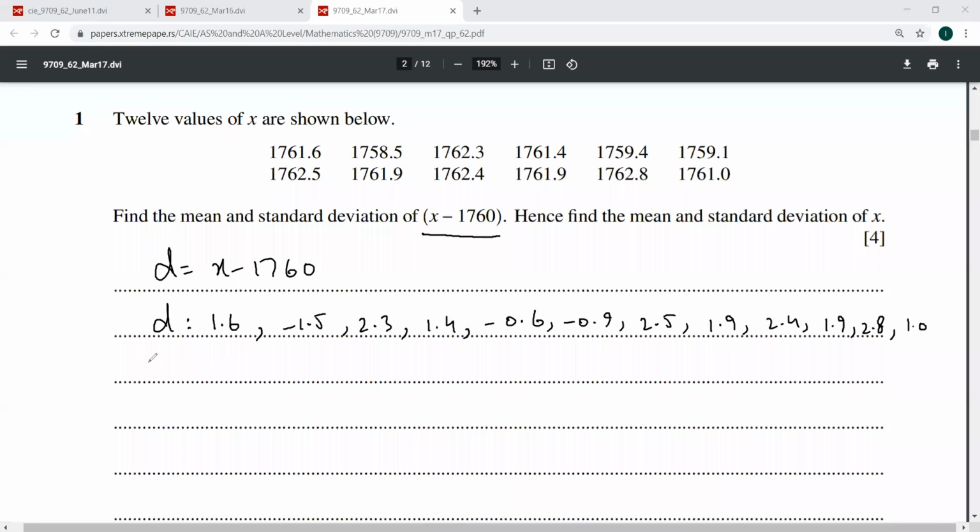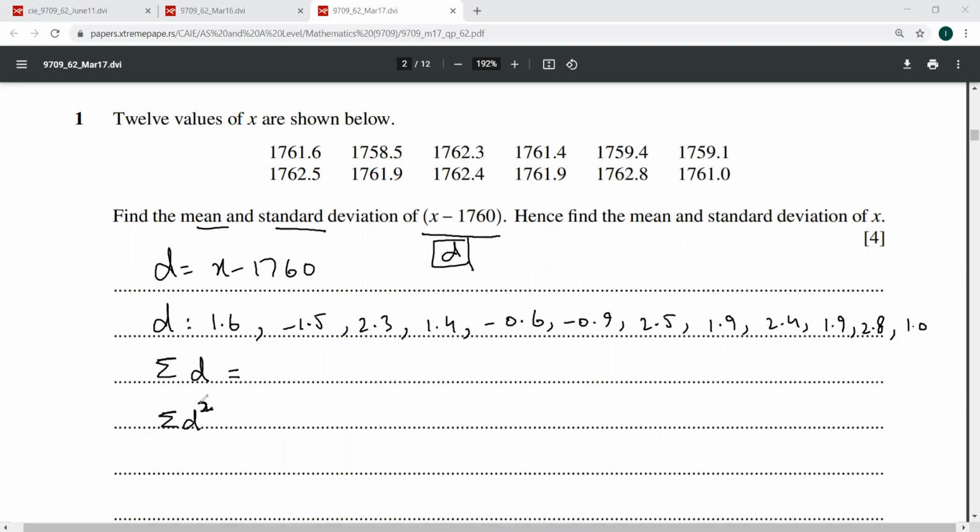Having got these values, now you use your calculator to find sigma d. Through this you people will get the mean. He's asking for the mean and standard deviation of this d. This is basically your d over here. Please use your calculators and tell me what is your sigma d square as well.